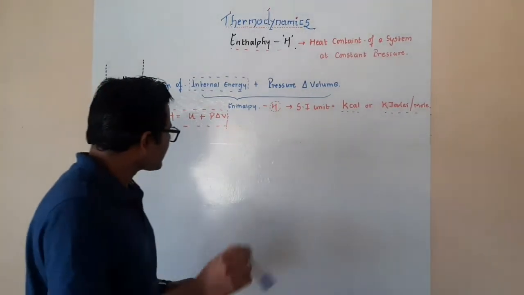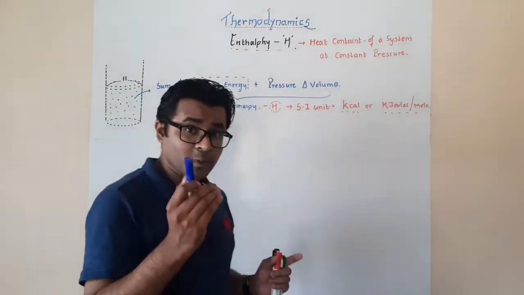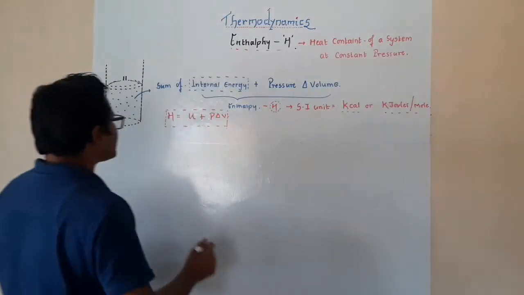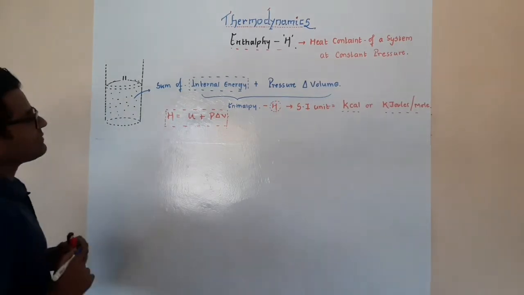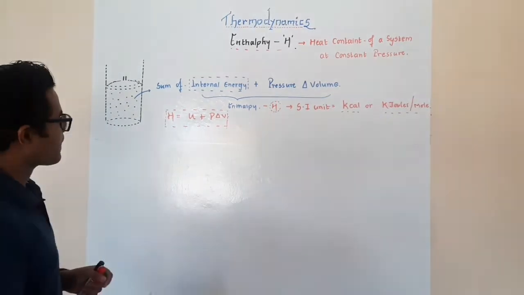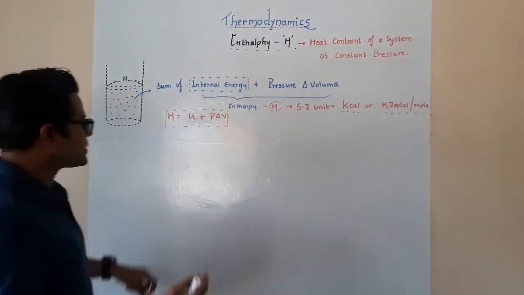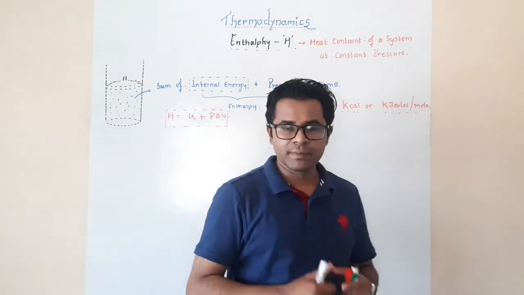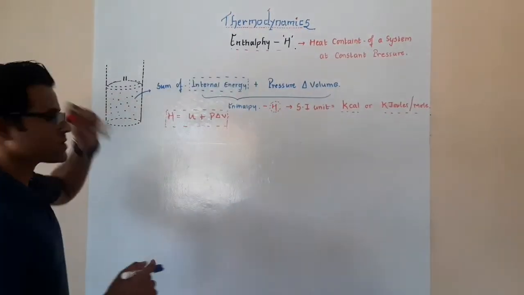Now let's try to understand enthalpy in depth. As we have said, enthalpy is equal to U plus PV, that is, internal energy plus the product of pressure and volume. Let's understand with respect to a system.